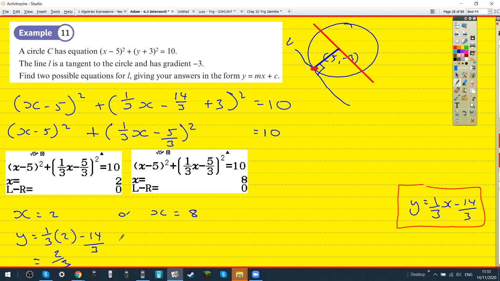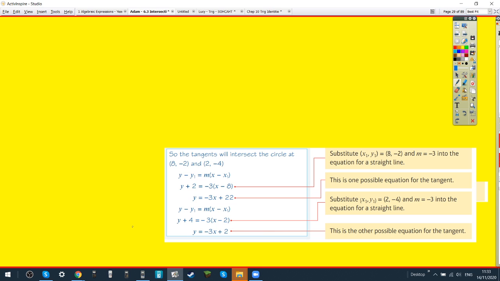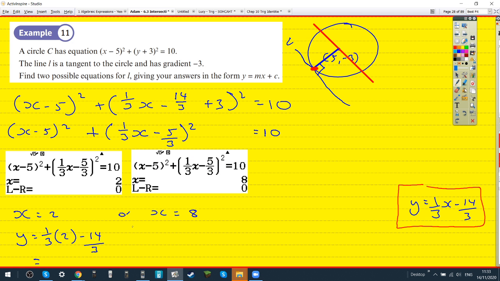So y equals 2 over 3 minus 14 over 3. And then could you simplify them? Which gives you minus 4, so y is minus 4. So the coordinate would be 2 comma minus 4. Yep.